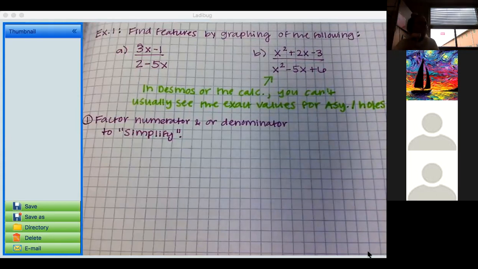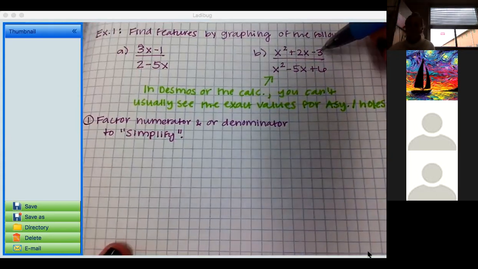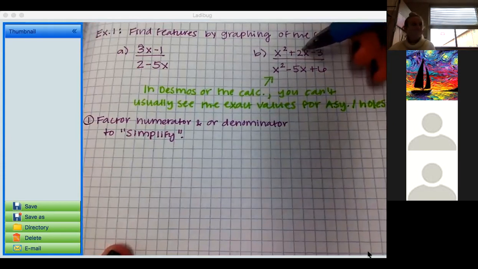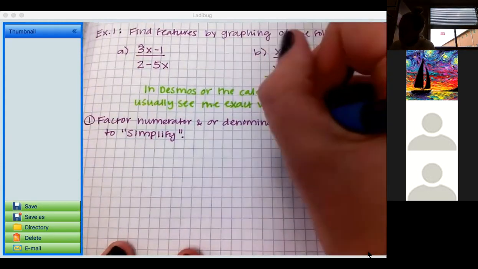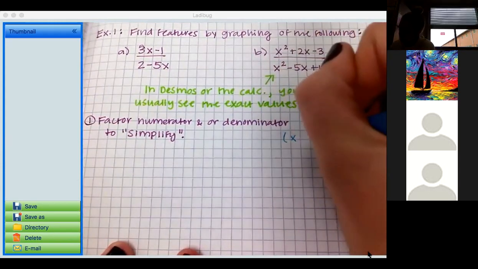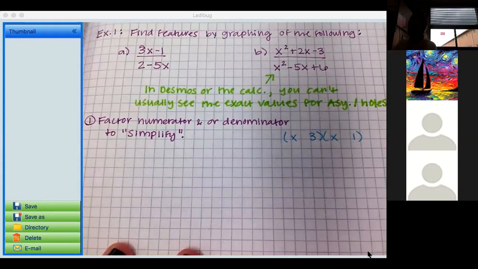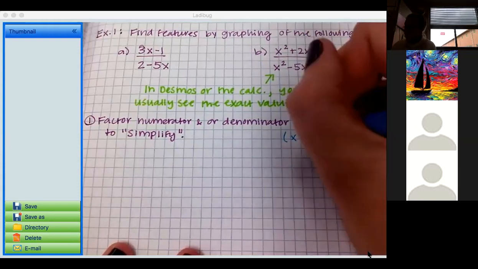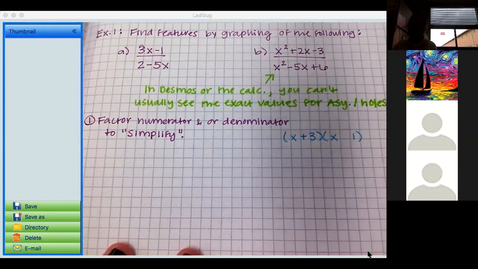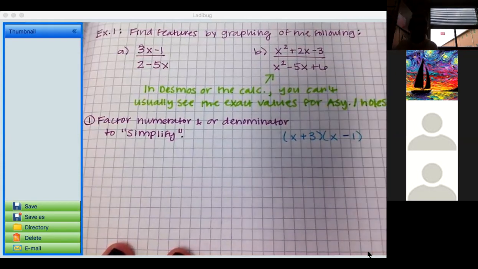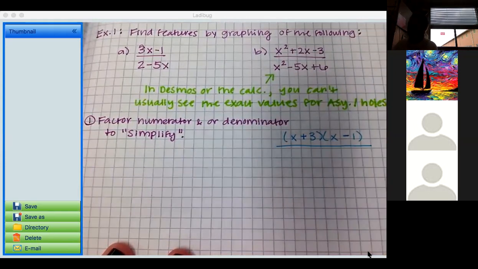Am I good to start factoring? Okay, factors of 3 that subtract to give me 2 are what? 3 and 1. Which one needs to be positive and which one needs to be negative? 3 needs to be positive, good. 1 needs to be negative. Is everybody okay with that? All right.